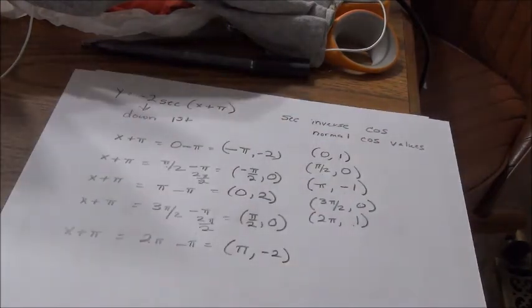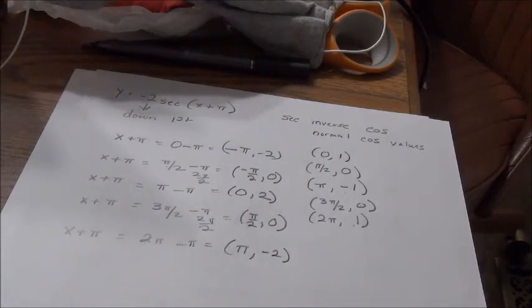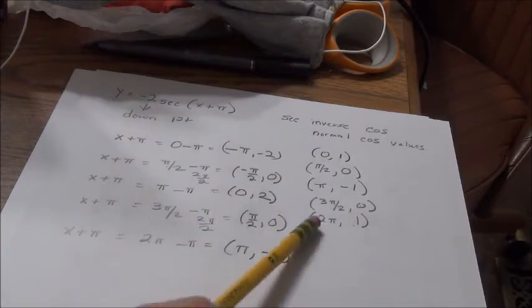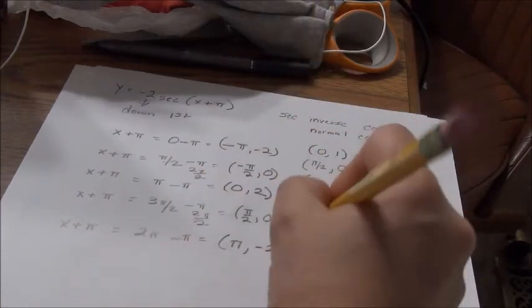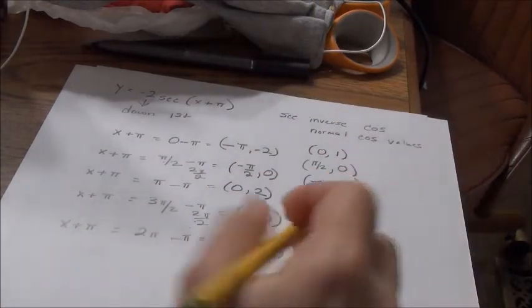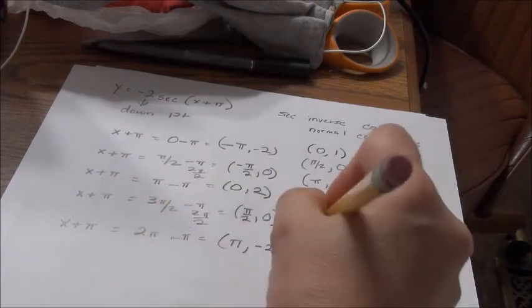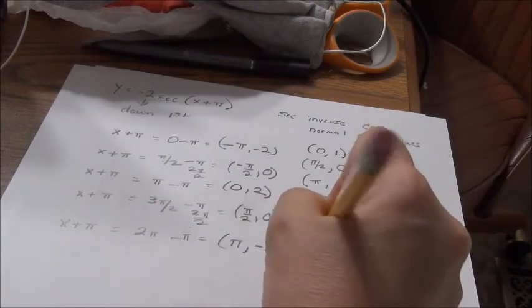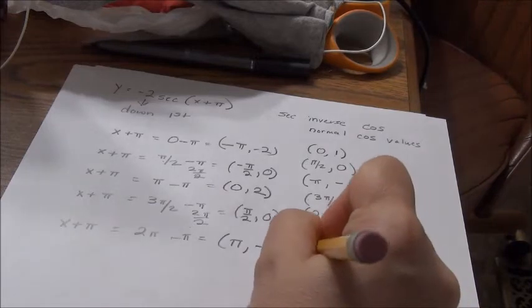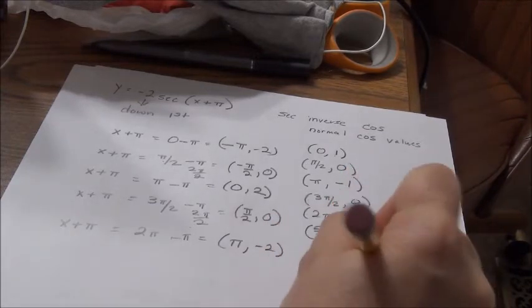If I look at the graph that's on your solution here, however, you can't go to the negative values. You can only go to the positive values. So what you have to do is just continue your pattern here for your next values. So this would be 3 pi over 2, 4 pi over 2, so 5 pi over 2, and then 6 pi over 2 is actually going to be 3 pi.